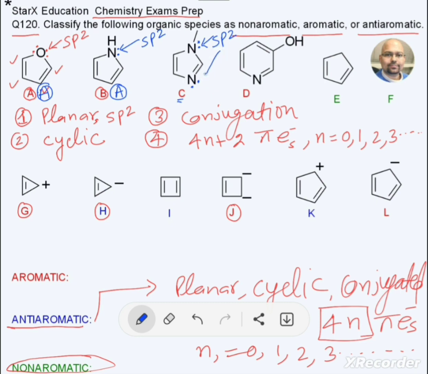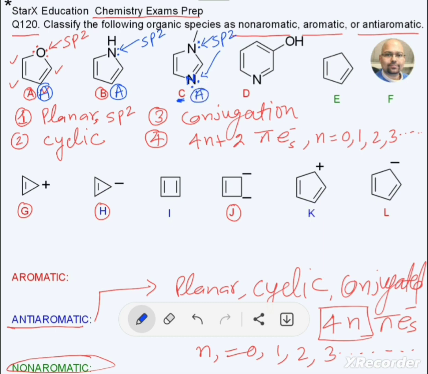This is also an sp2 hybridized nitrogen. The lone pair that is on this nitrogen is not in the p orbital, so it is in an sp2 hybridized orbital. Therefore that does not count towards the 4n plus 2 pi electrons. So now as we see, it's a planar molecule, it's cyclic, it's conjugated, and it's got the 6 pi electrons. Therefore C is also aromatic.